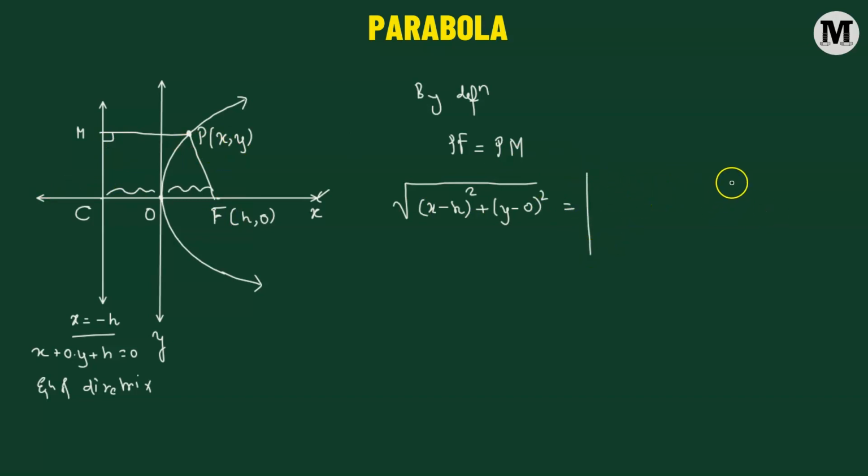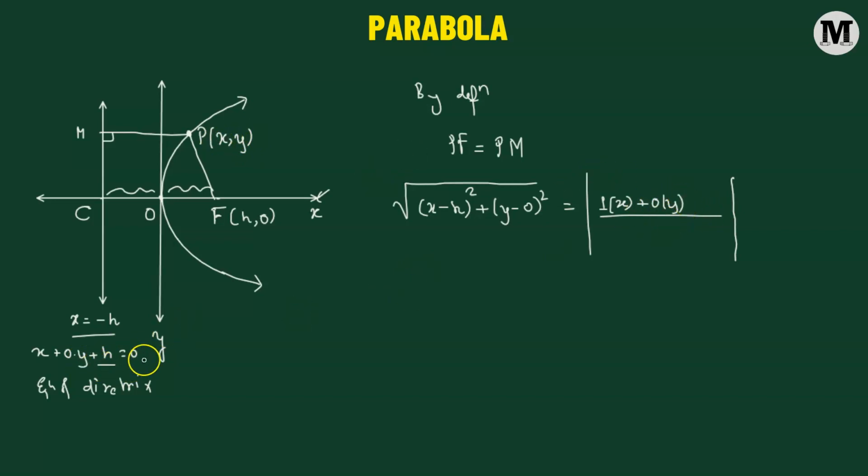So we'll have to use the formula. We'll take the absolute value. Then in the numerator, we start by considering the coefficient of x of the directrix. So that's 1. 1 will get multiplied to the x coordinate of point P. So that's simply x. Added to the coefficient of y of the directrix, so that's 0. 0 gets multiplied to the y coordinate of point P, so we have 0 times y.